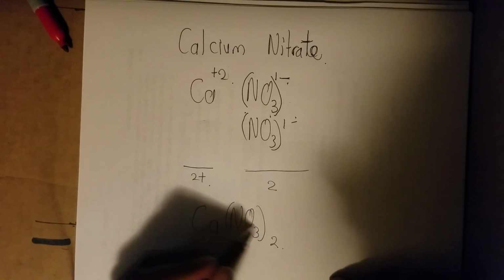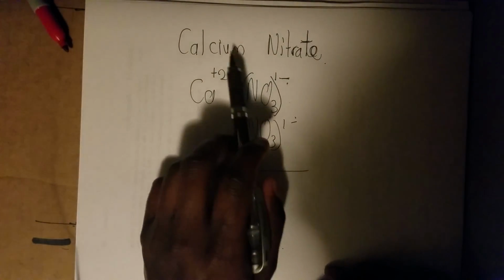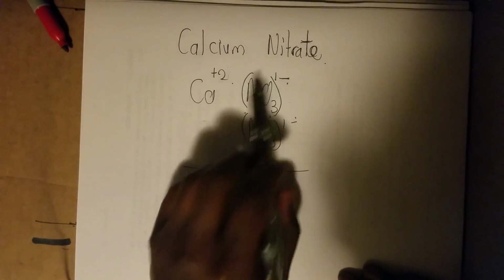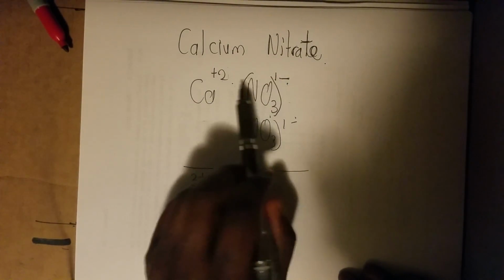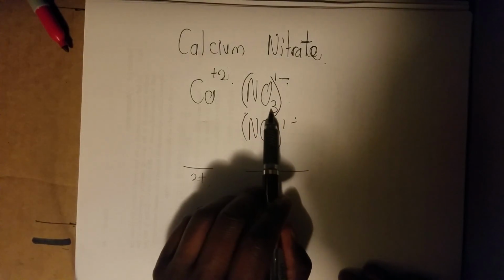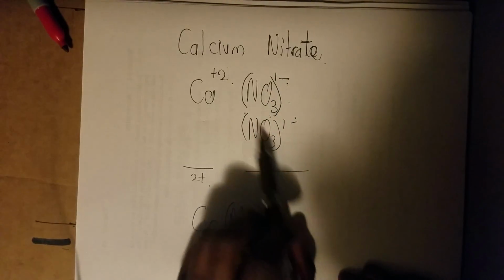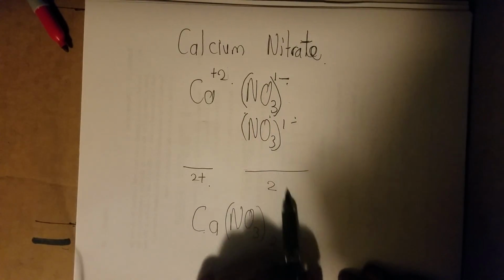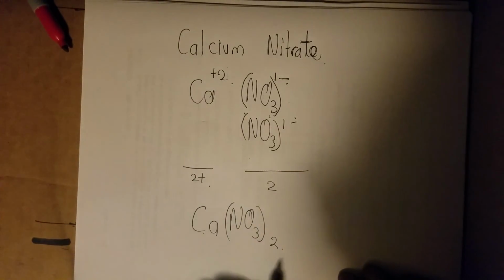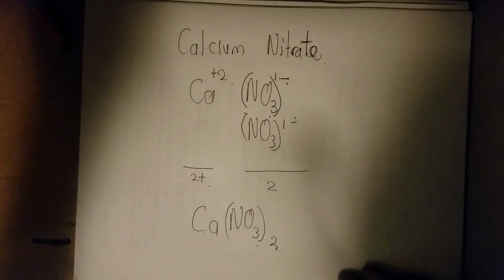So it takes 2 NO3 to make 1 calcium for it to balance, because when you're balancing ionic compounds, you have to balance the charges. This 3 is part of the 1 charge. So you write NO3 in brackets, 2 outside, and you get Ca(NO3)2.